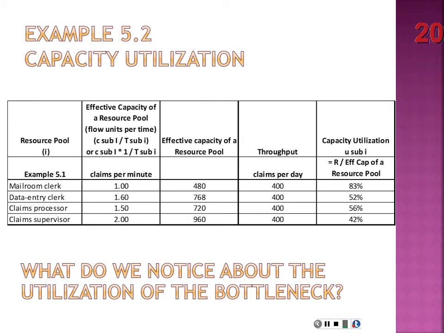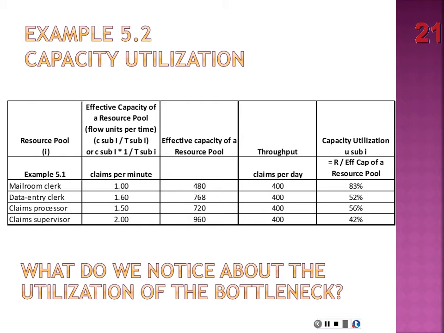If we think about the effective capacity of a resource pool for one day, they should be able to process 1 claim per minute, and with 480 minutes in the day, that's 480 claims per day. Likewise, 1.6 claims per minute times 480 minutes gives us 768. 1.5 times 480 gives us 720, and 2 times 480 gives us 960.